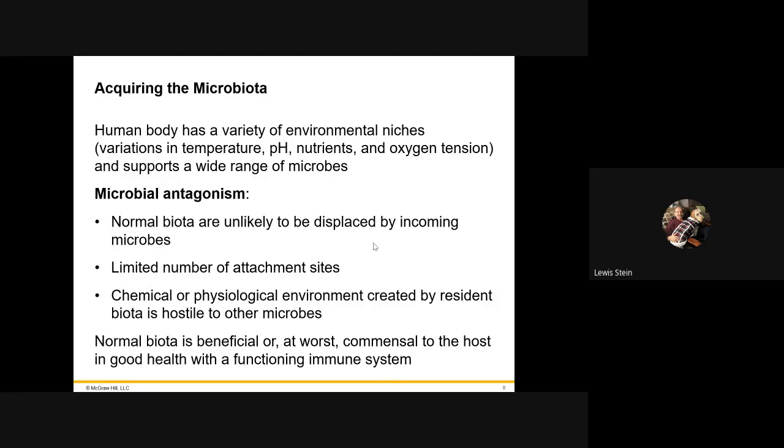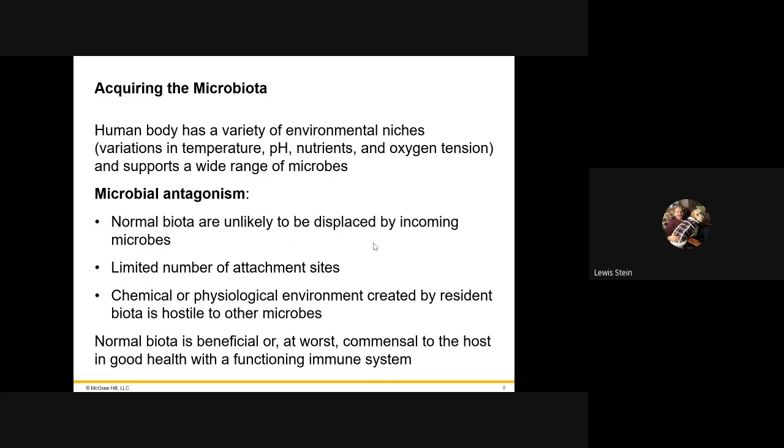And you can look at all these things. The normal ones are unlikely to cause harm, because they're covering up attachment sites. We basically create an environment that's typically hostile to these things.